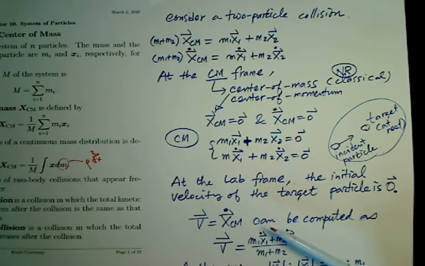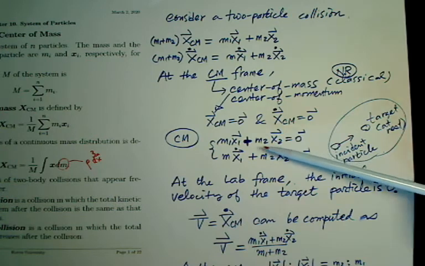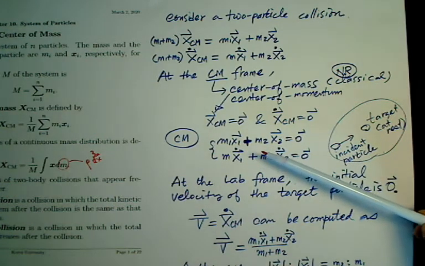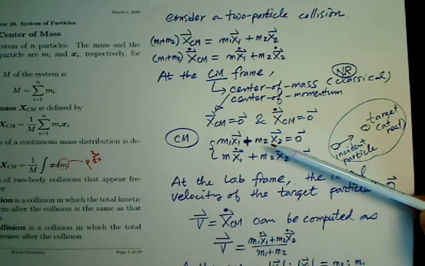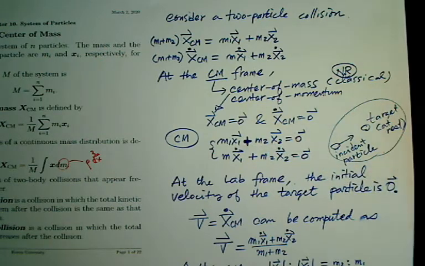If we consider a heavy and light system, the heavy object is near the center of mass, and the light object is far. All right, the ratio m1 to m2 is the inverse of the ratio of the distances of the two particles from the center of mass.